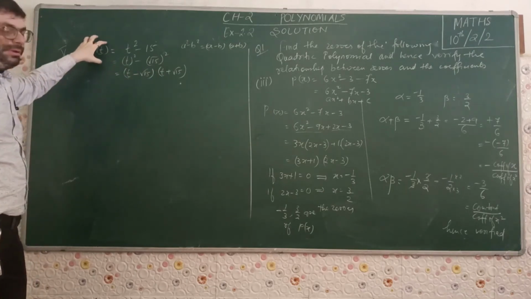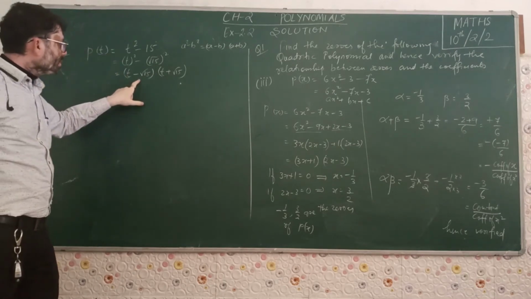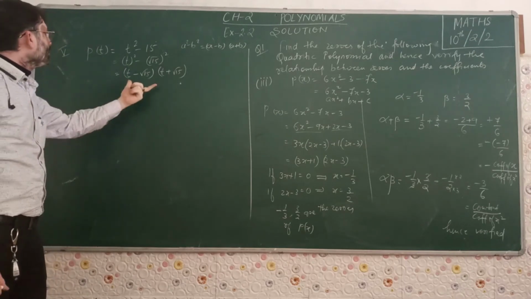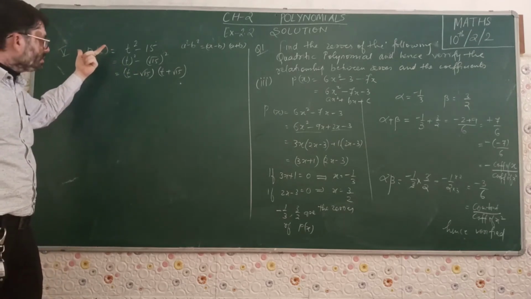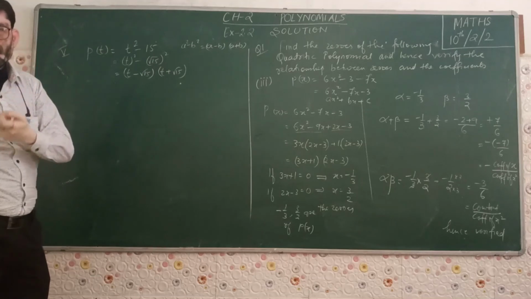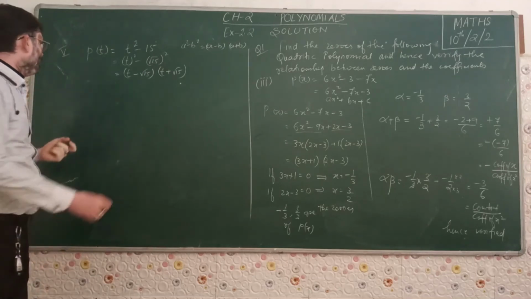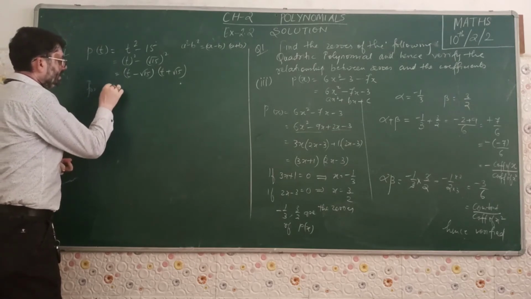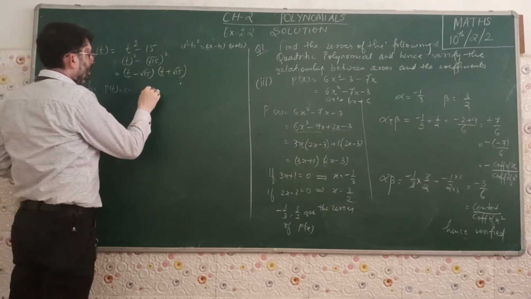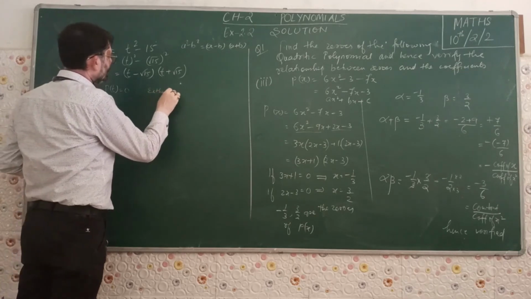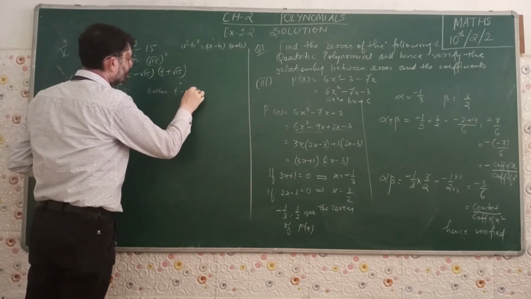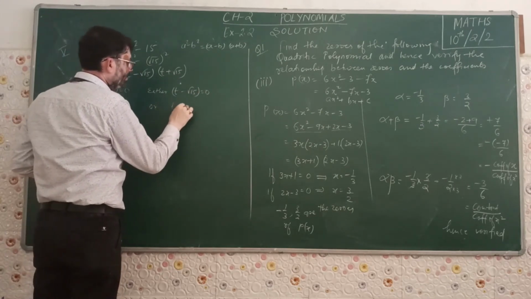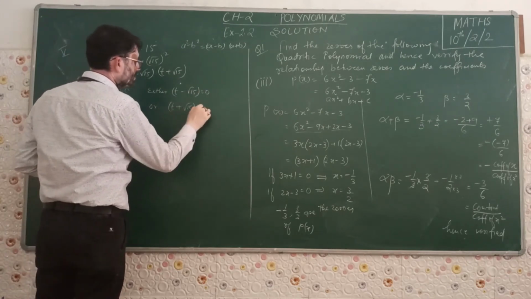These are the two factors of the given polynomial with variable t. For the polynomial p of t to be 0, again either this has to be 0 or this has to be 0. That means we will get two values of t for which the polynomial p of t becomes 0, and those two values of t will be my zeros of the polynomial. So for p of t equal to 0, either t minus root 15 is equal to 0 or t plus root 15 is equal to 0.